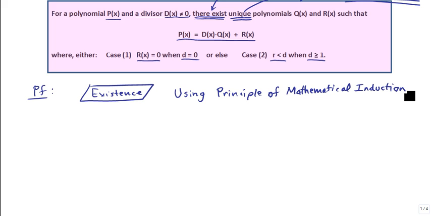Sometimes we can just refer to this as PMI. The principle of mathematical induction has two parts, as you probably know. One part is your basis step. And the second part is your inductive step.